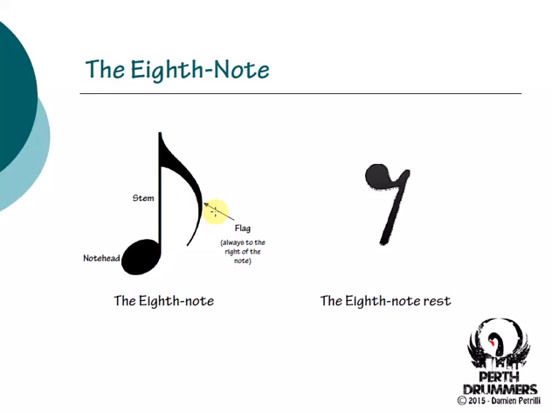This is also the case with eighth notes, but even if the eighth note is upside down, what you will find is, like quarter notes, the stem will move down and attach itself to the left-hand side of the note head, but the flag will curl up, still facing to the right-hand side of that stem. Okay, so the bottom line there is whether the stem faces up or whether the stem is over the other side of the note head and facing down, the flag will always curl up to the right-hand side of the stem, okay, or of the note as I'm saying there.